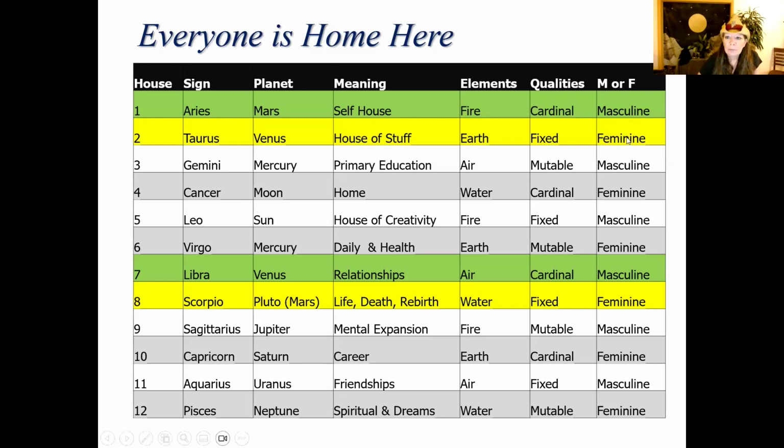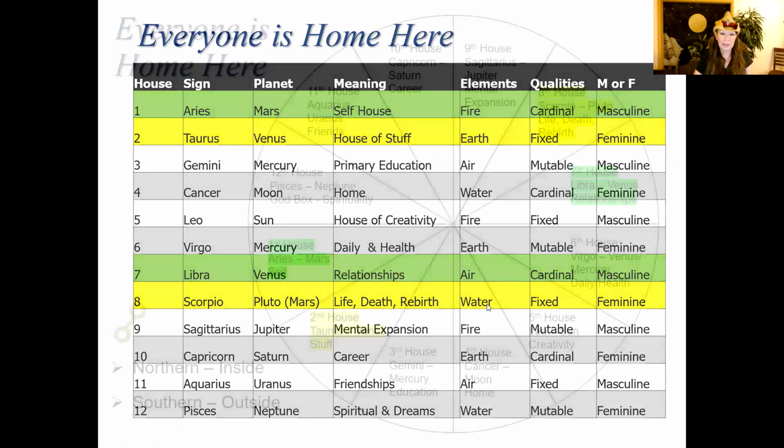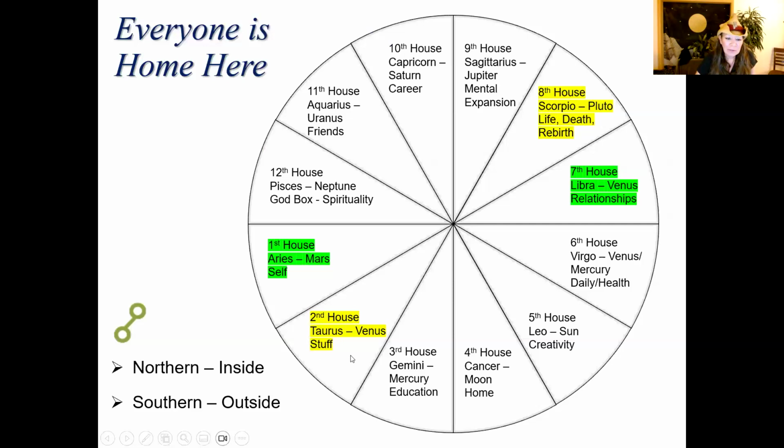Oh, they're both feminine. Aries and Libra were both masculine, cardinal, fire and air, and Taurus-Scorpio is earth and water, both fixed. So they have a lot of commonalities. But if you combine earth and water, sometimes you get the beach and sometimes you get mud. Just saying.